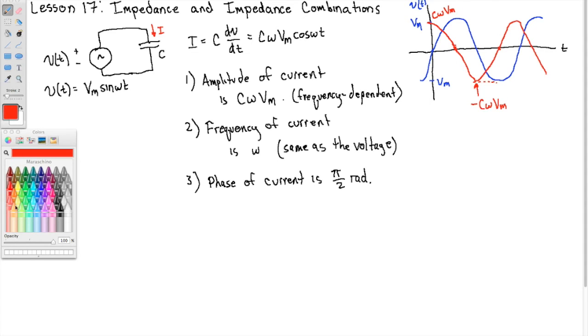So the red is leading, the red is the current, so the phase of the current is pi over 2 radians and leads the voltage. Or equivalently, the voltage lags. Alright, so again, you want to compare this to the resistor. The resistor, we saw no such phase difference there.